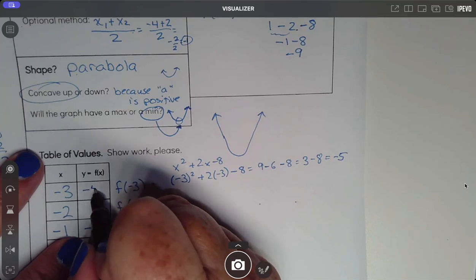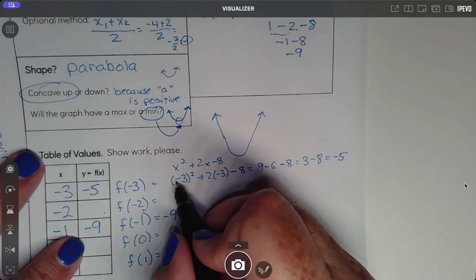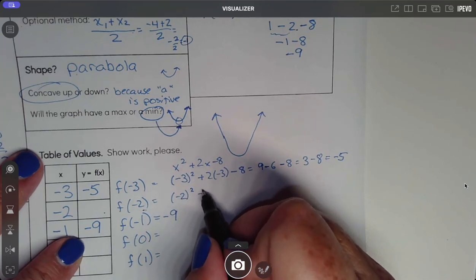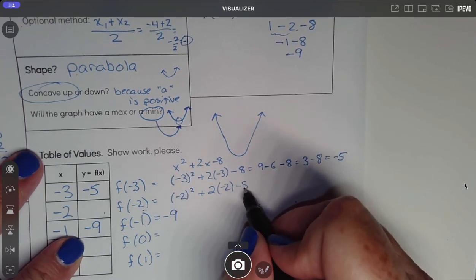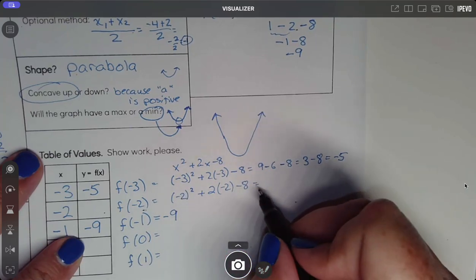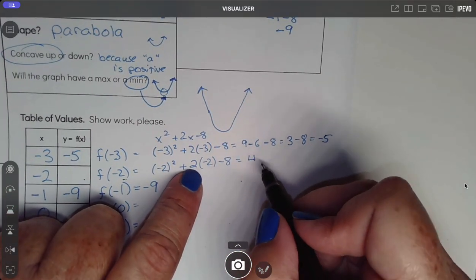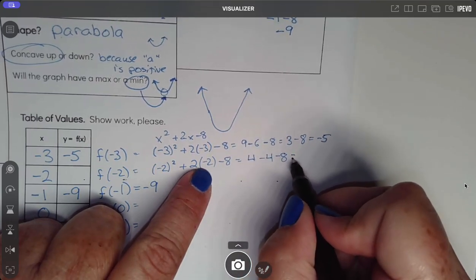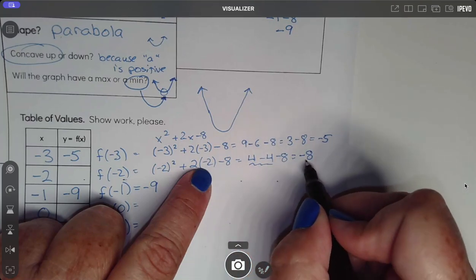So I'll have a point -3, -5 on my parabola. F of -2 will be -2 squared plus 2 times -2 minus 8. -2 squared ends up being positive 4, 2 times -2 is -4, minus 8. So that gets me -8, right? Because 4 minus 4 is 0, minus 8.